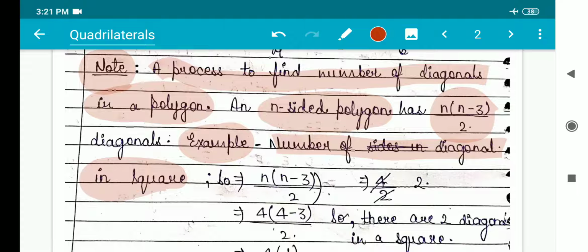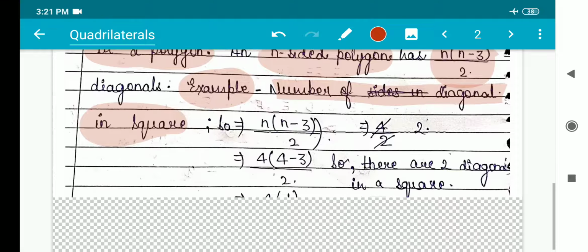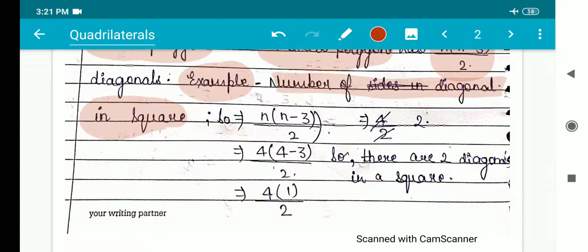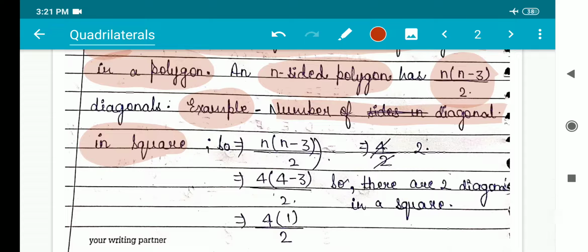The example here is the number of diagonals in a square. In this question we have to find the number of diagonals in a square. As we know, the formula is number of sides times (number of sides minus 3) divided by 2. The number of sides in a square is 4. So 4 times (4 minus 3) by 2.